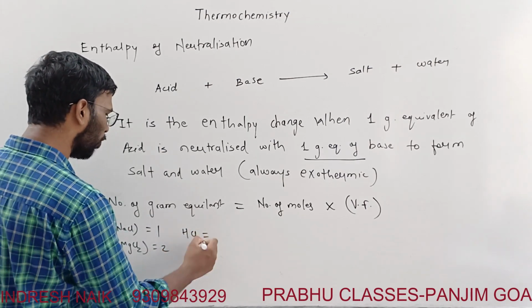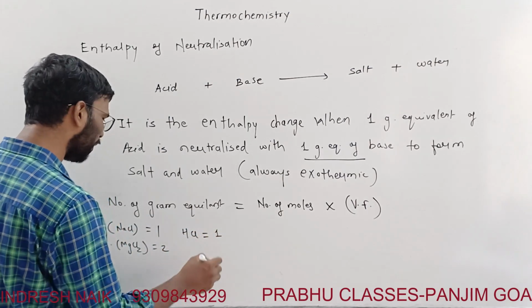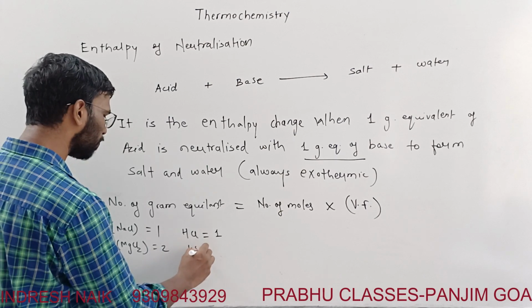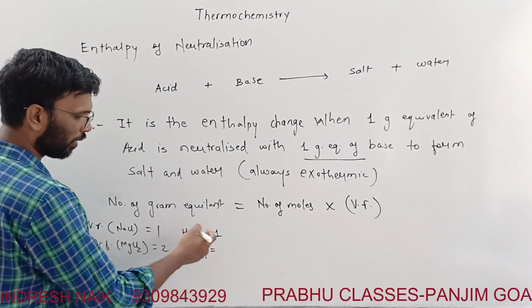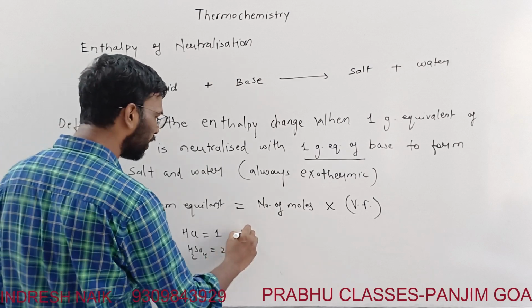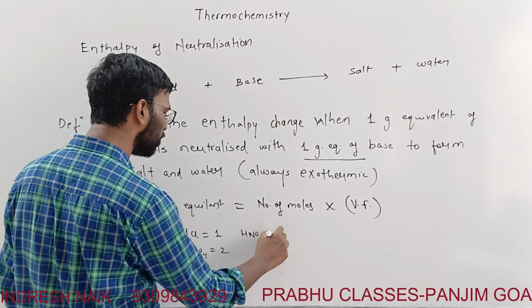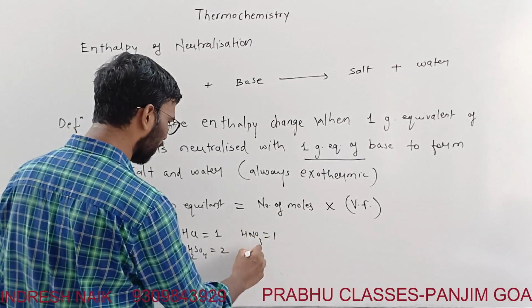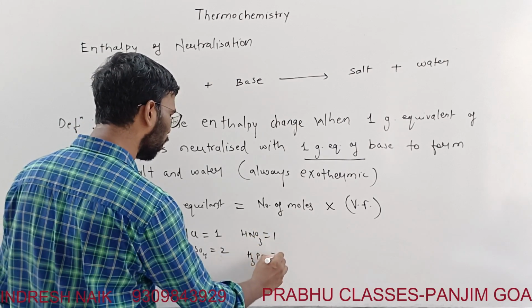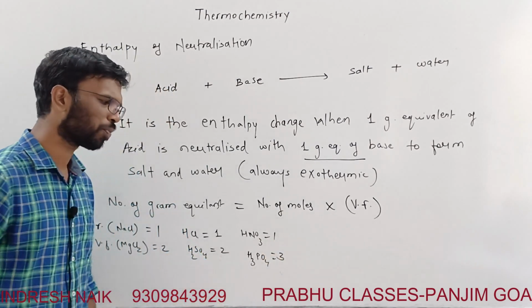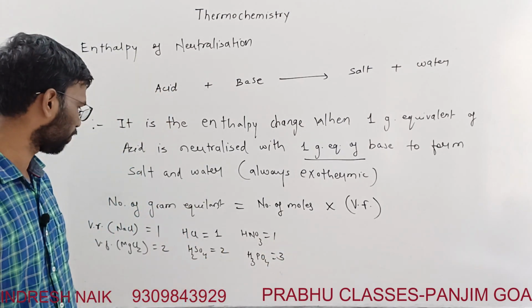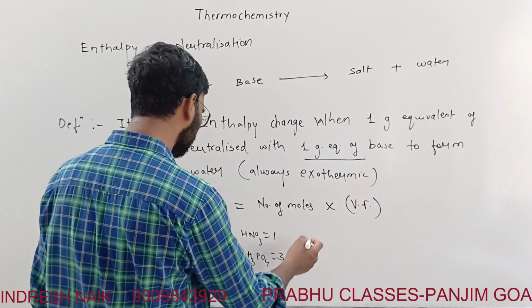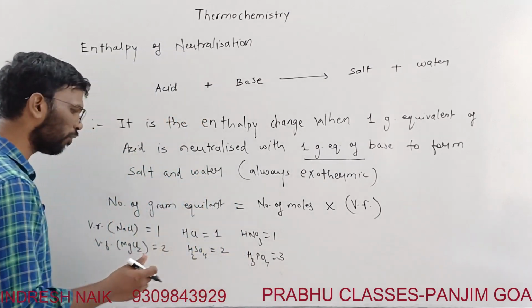For HCl, valency factor is 1. For H2SO4, valency factor is 2. For HNO3, valency factor is 1. For H3PO4, the valency factor is 3, because there are 3 acidic hydrogens.